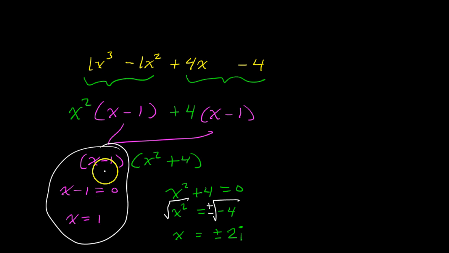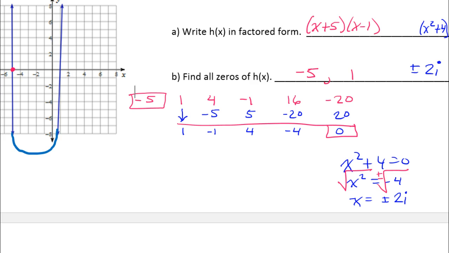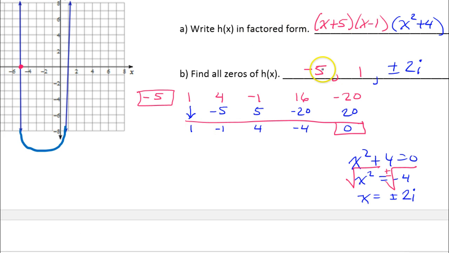We already have this written down, so we don't need to write this down again. So we'll just keep that and add on the x squared plus 4 factor and the zeros of plus or minus 2i. Okay, so this is the answer.